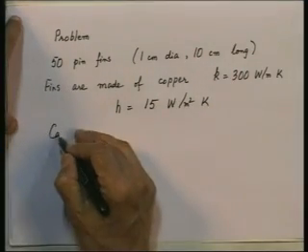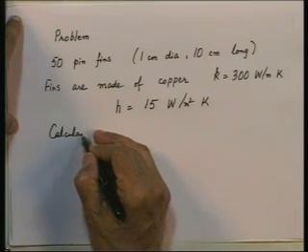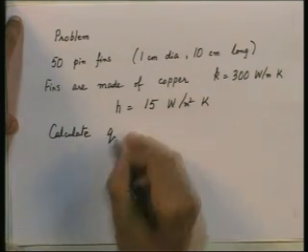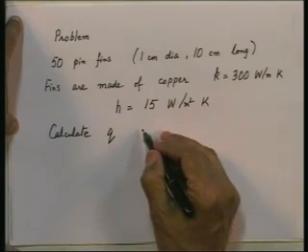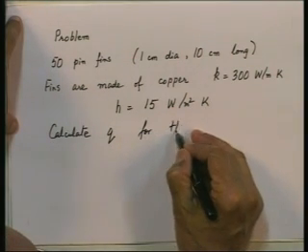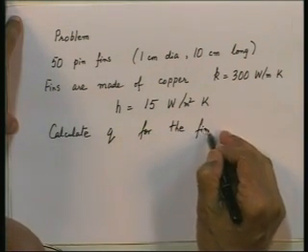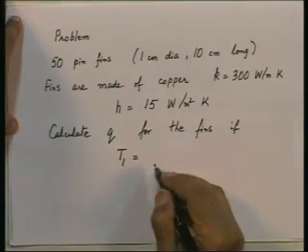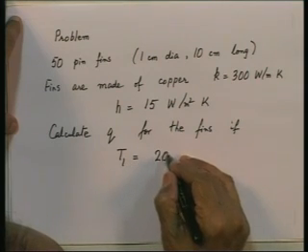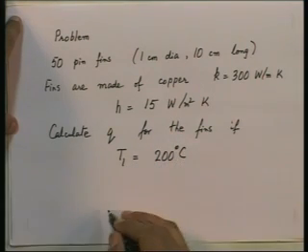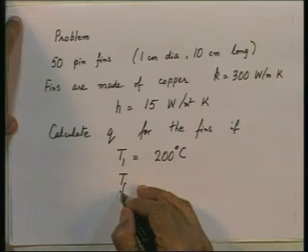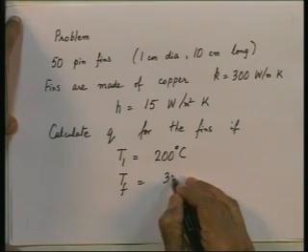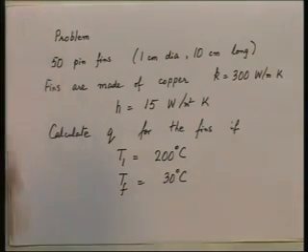Calculate Q for the fins if the temperature at the base T1 is equal to 200 centigrade and the surrounding temperature Tf is equal to 30 degrees centigrade. This is just a straightforward substitution into what we have done. All right. So, let us do that.